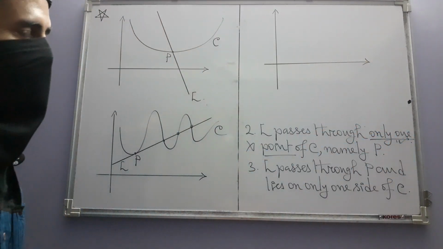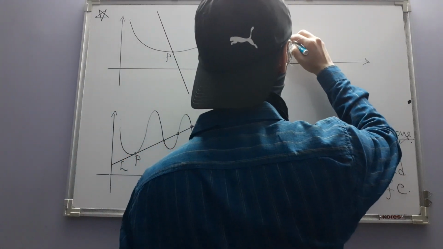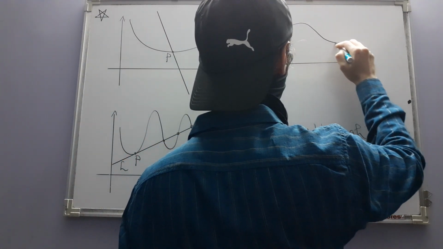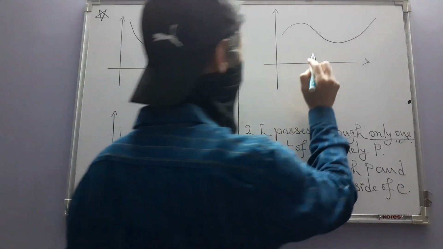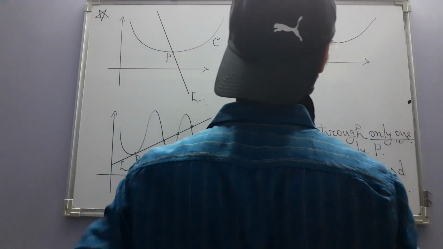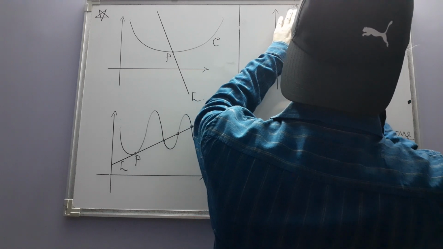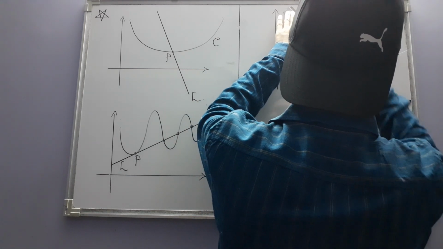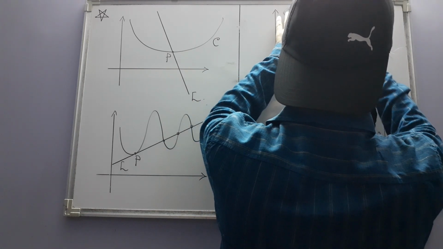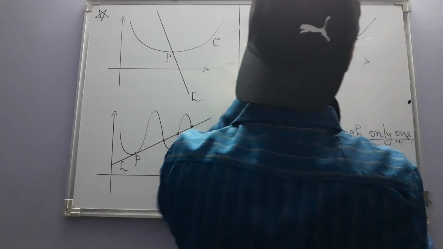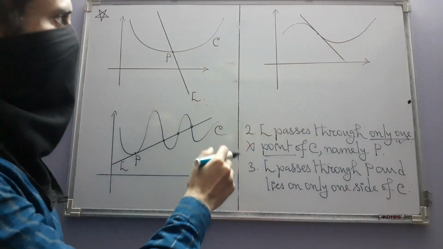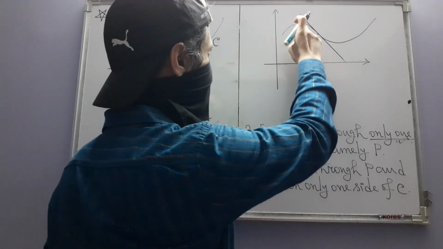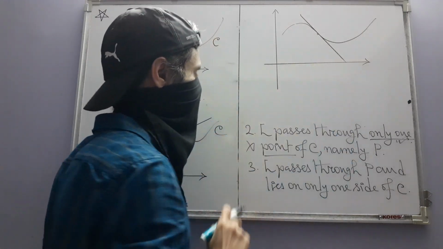Say you think of a curve like this, and you carefully choose a point P here so that a line passes through that point only. Of course, the way I have drawn it, it seems like this line has passed through many points of this curve.